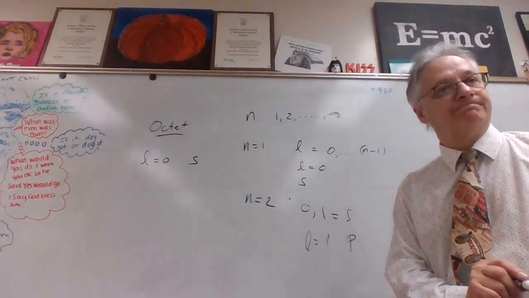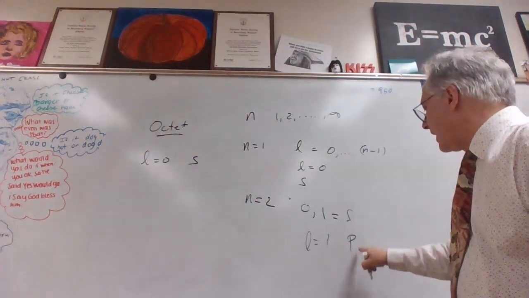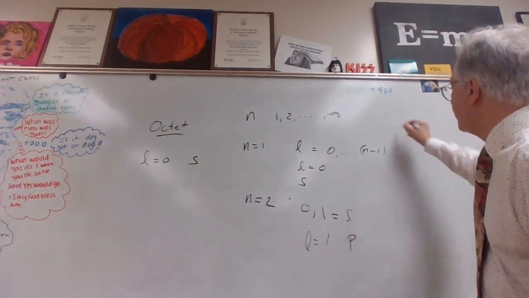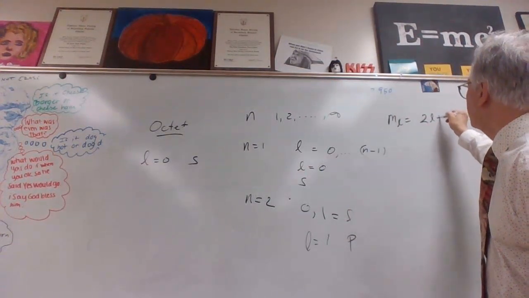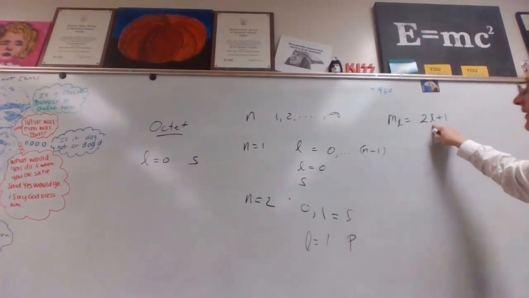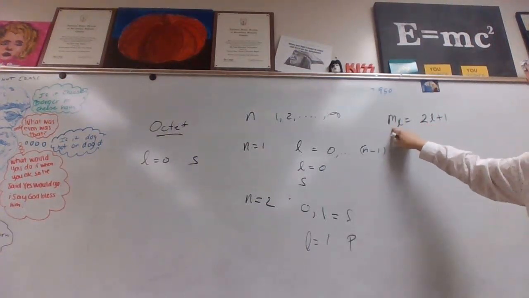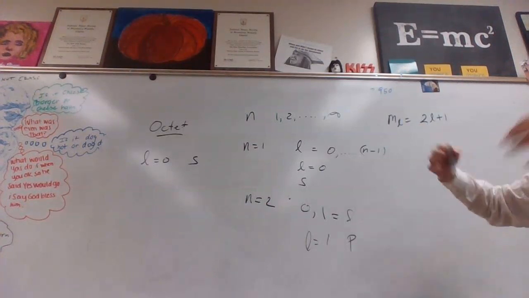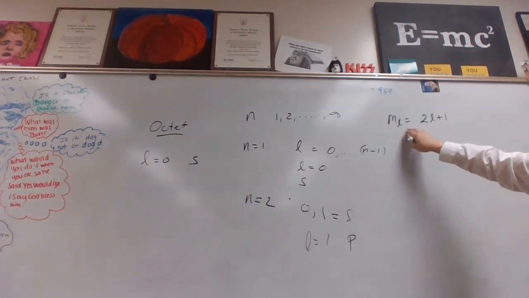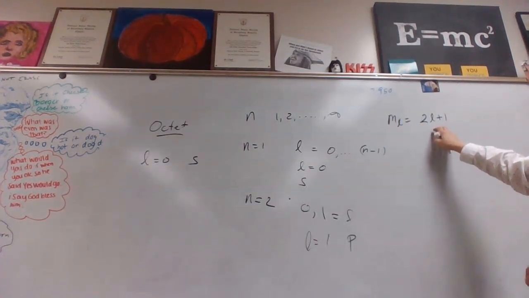P orbitals. Okay, and the number of m sub L values you get is equal to 2L plus 1. So whatever my L value is, this is the magnetic angular momentum quantum number. And what that tells us is I'm going to have 3 orientations in space.